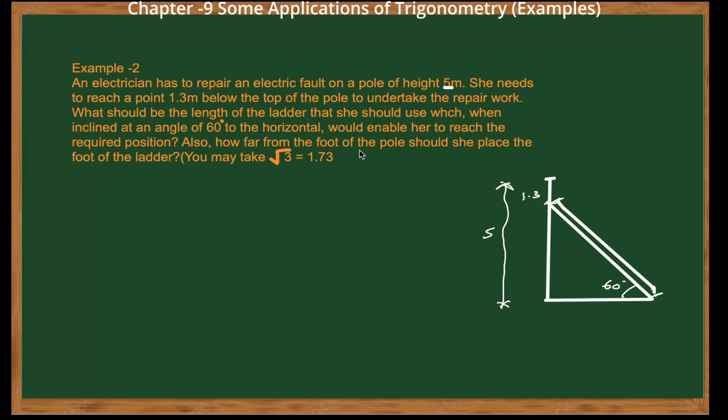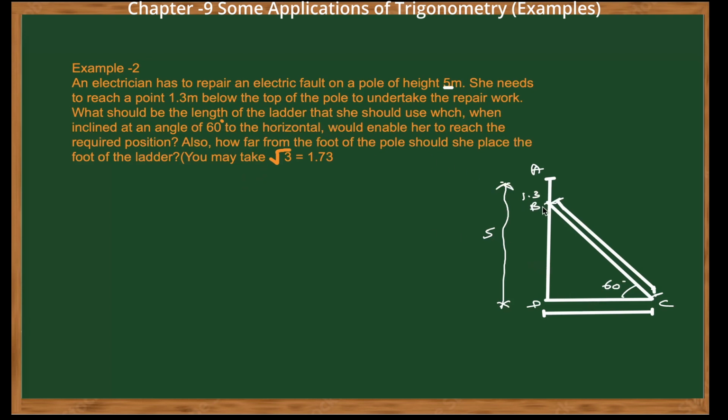Also, how far from the pole should she place the foot of the ladder? So they are expecting even this distance where the foot should be placed. So let's name the points A, B, C, and D. We have this 60 degrees. What else is given here?